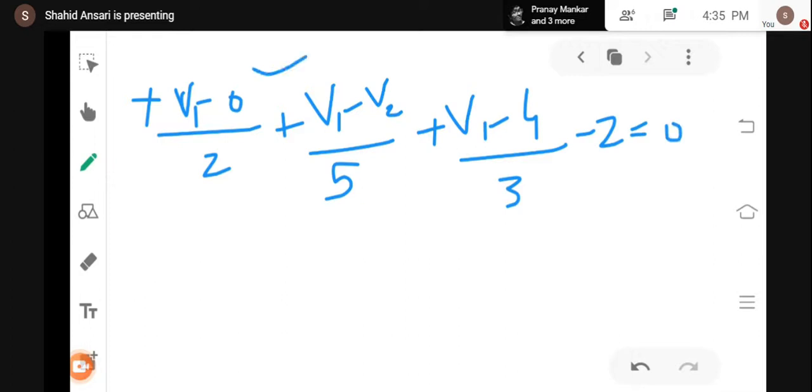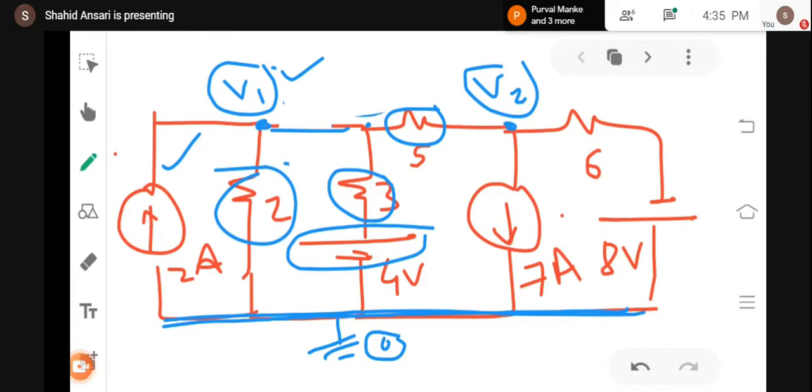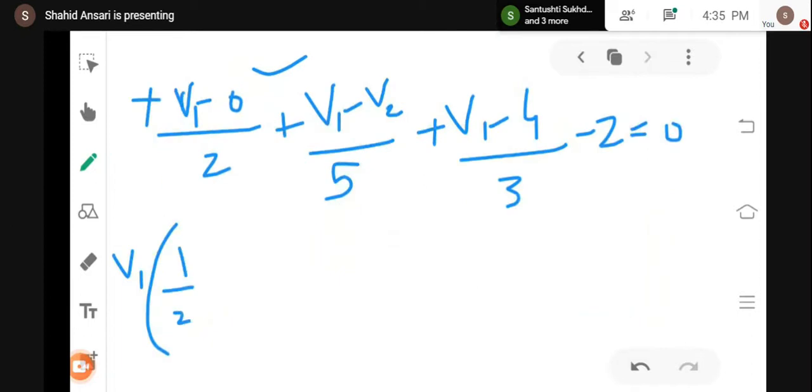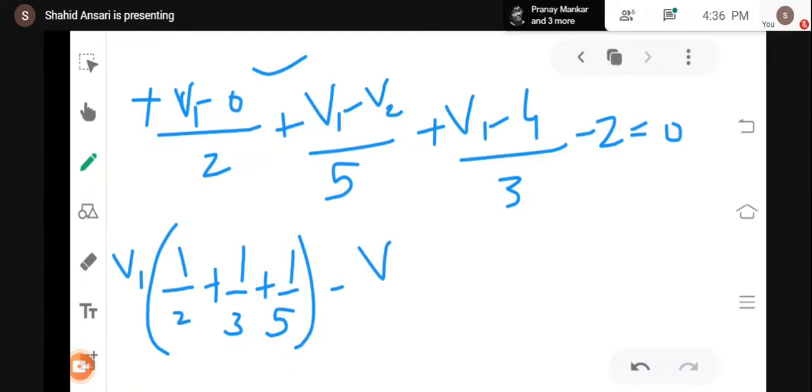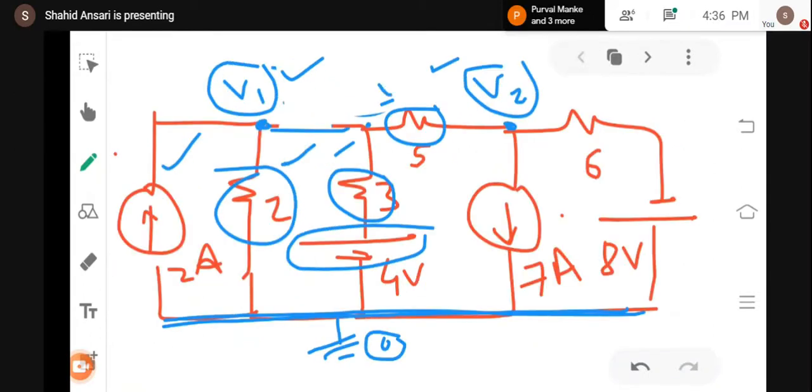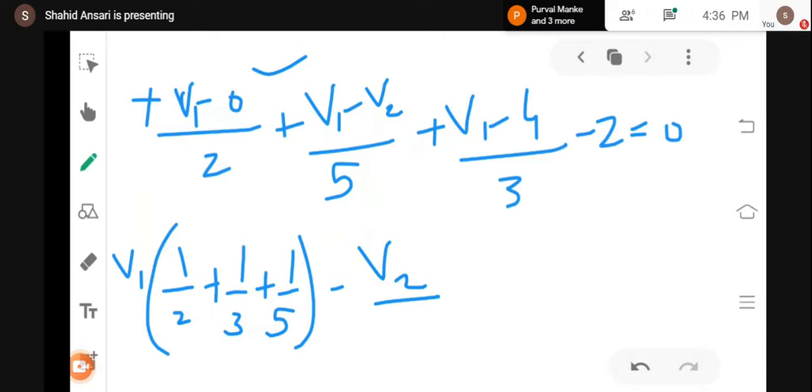How can we write it directly? Let's consider V1. Look at the elements connected with node 1: 1 by 2, 1 by 3, and 1 by 5. Finish. Now, node V2. With V2, minus V2 divided by 5.